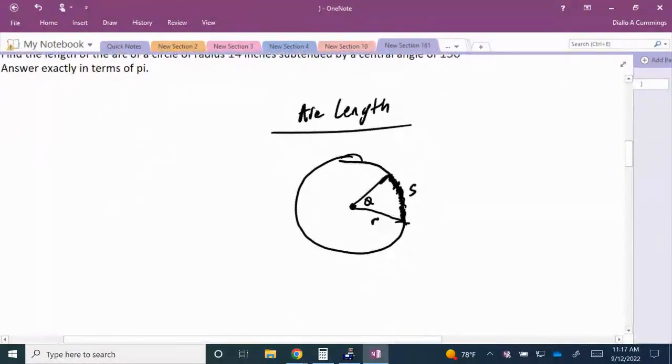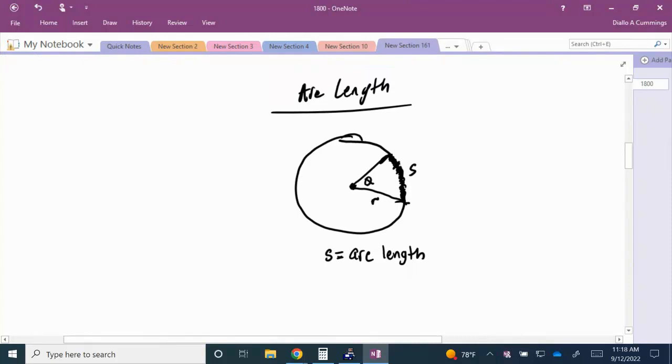There is a formula, S equals R times theta. Just to put some notation here, S is equal to the arc length, meaning that if I were to put a ruler and measure this arc length, the measurement would be S. R is the radius.